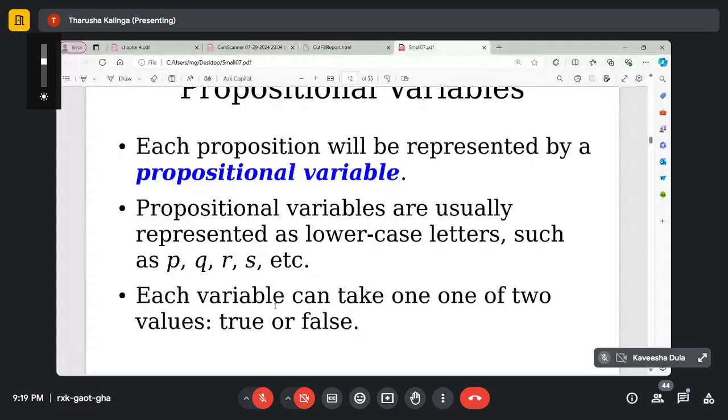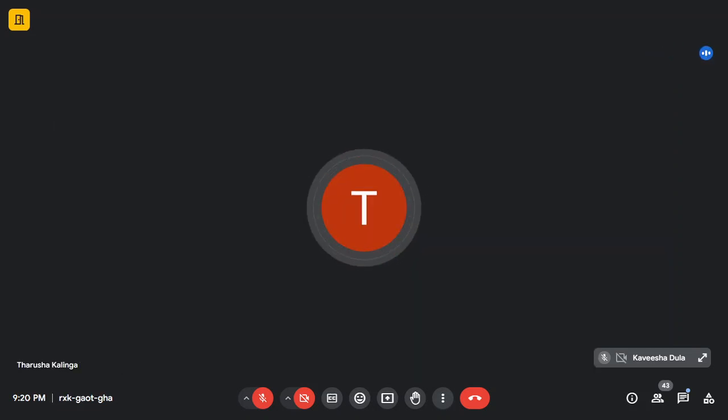But in our A level syllabus in logic, we have to write all those propositional, sentential variables in uppercase.